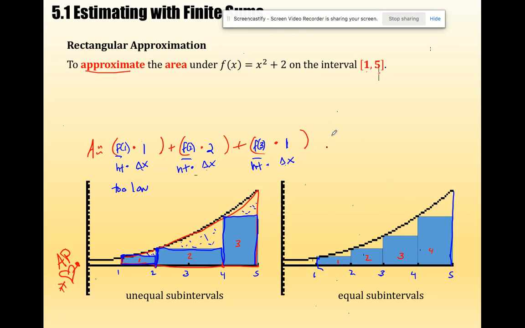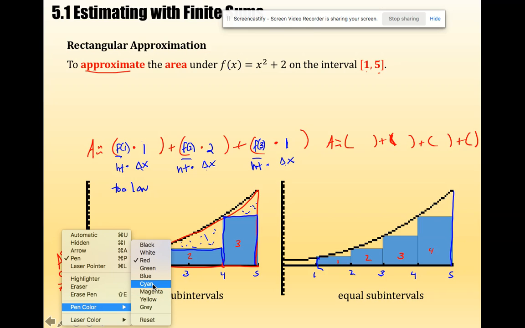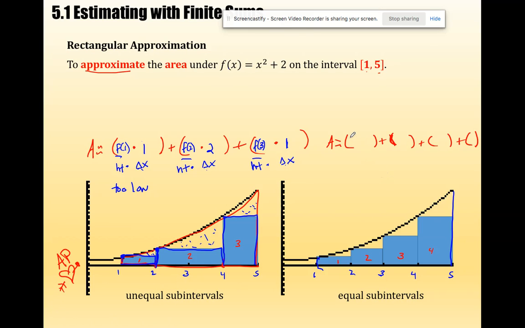but this time the area is approximately 1, 2, 3, 4 rectangles, right? And each time, what height am I making it constant over the first interval?